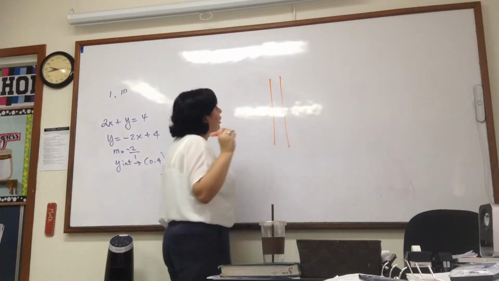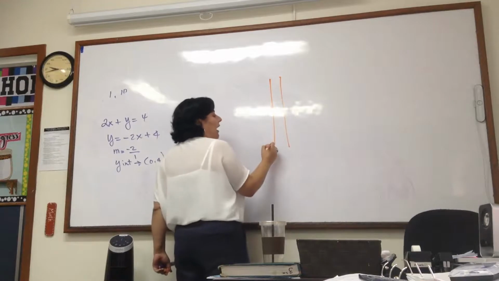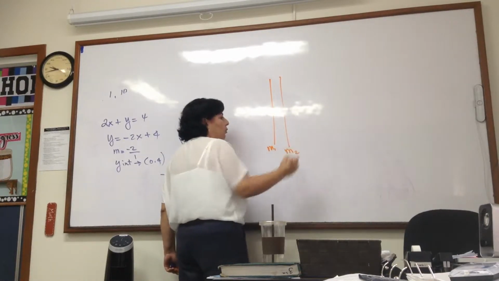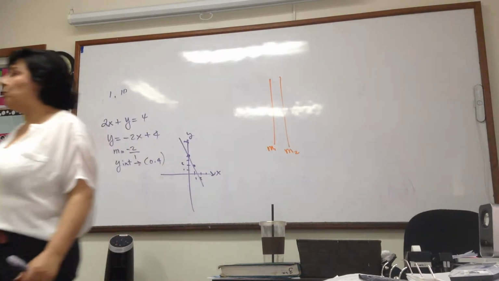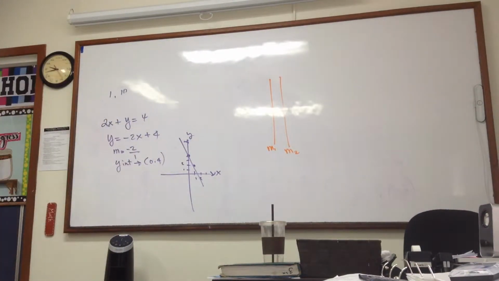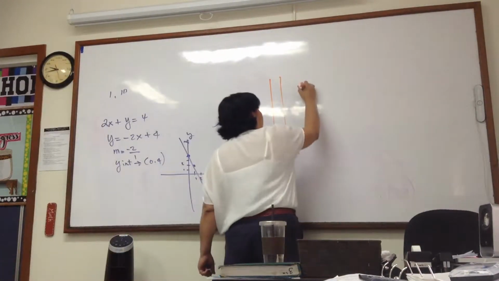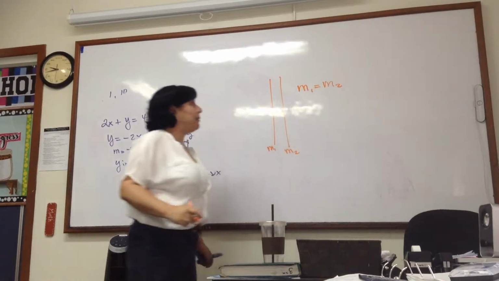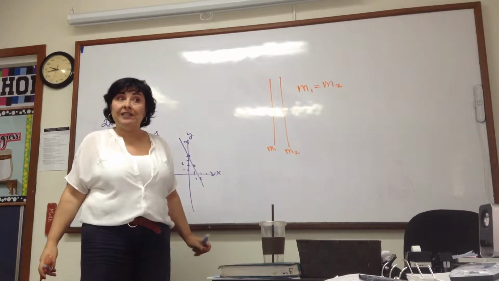If the lines are parallel, what happens to the slope of one with respect to the other? The slope is exactly the same. Otherwise they would intersect, correct? So if two lines are parallel, their slopes are the same.